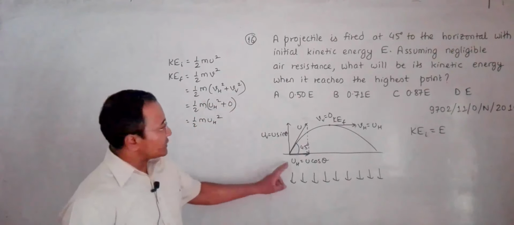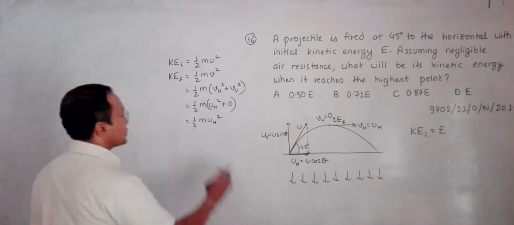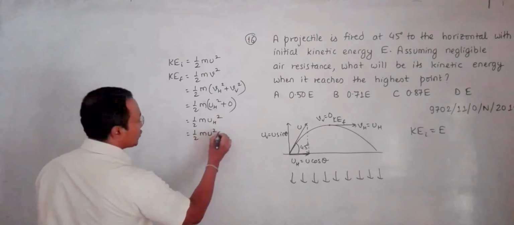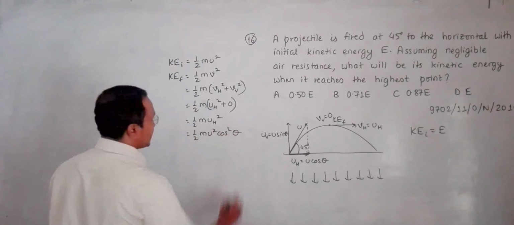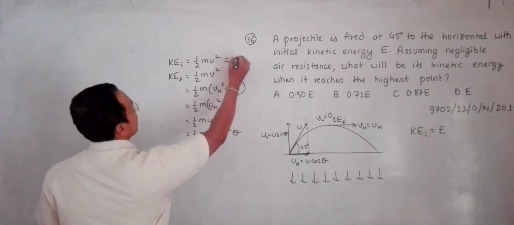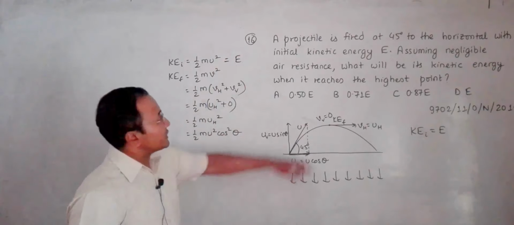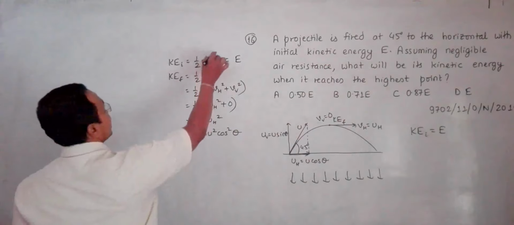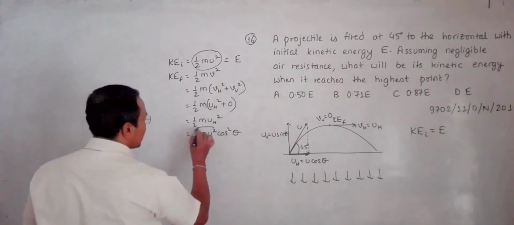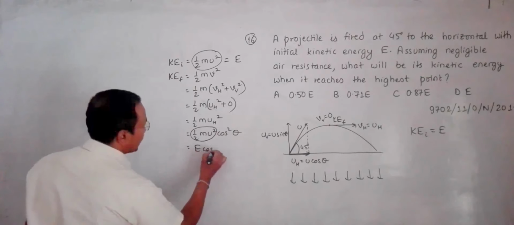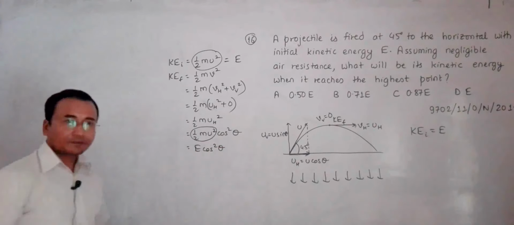Again, UH is equal to u cos theta. So this becomes 1 by 2 m u squared cos squared theta. What is given here is that the initial KE is equal to E, so this term should be E. So it's equal to E cos squared theta.